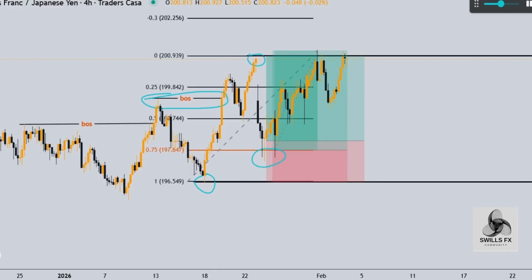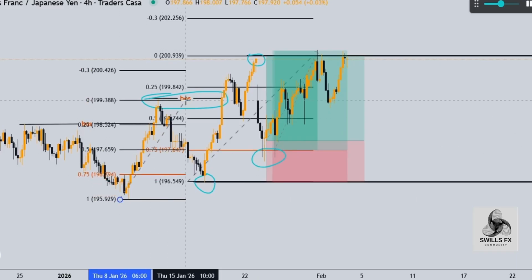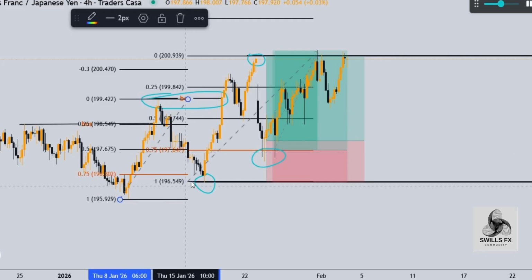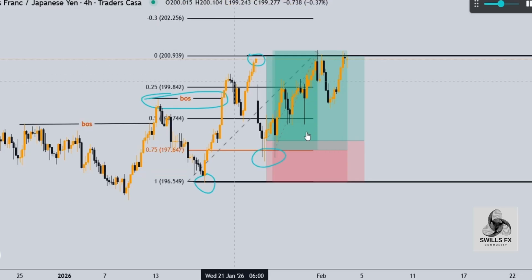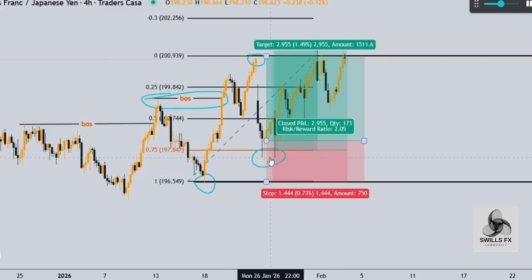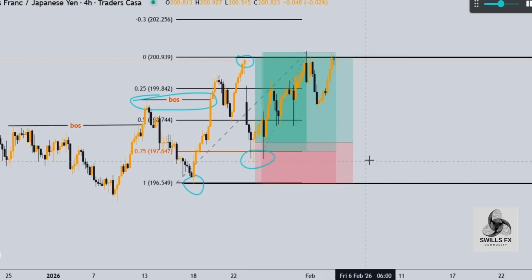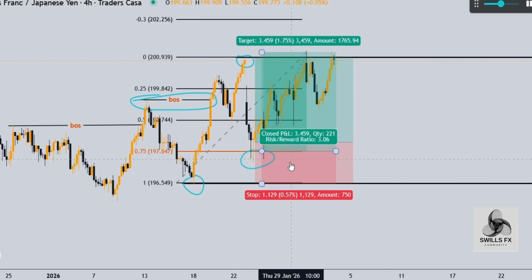If I plot a Fibonacci from last 2 weeks, you clearly see that the moment price came all the way here to the 75%, it just went all the way back, straight to take profit. It didn't come back again. So I thought of that, and so I took some of my positions here and still set a pending order here, anticipating that price might return to the 75% retracement level.